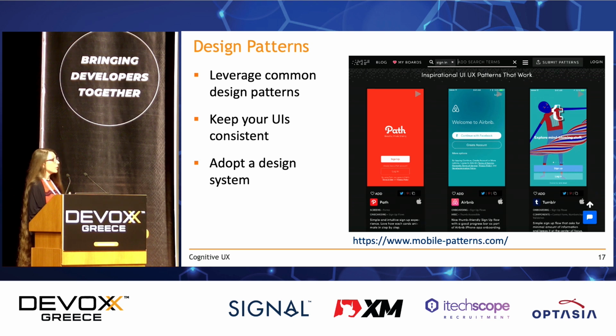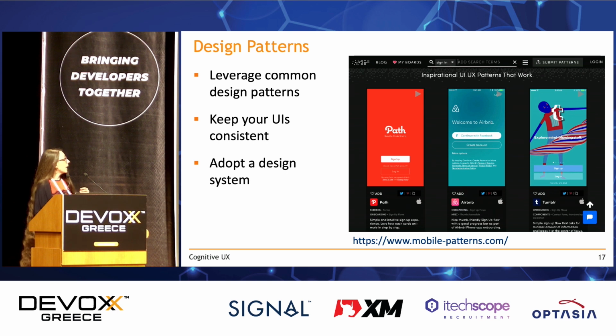And to further reduce it, it's also important to use design patterns that are familiar to users. So this means adopting commonly used design patterns that users already are comfortable with, that they are familiar with. As design patterns actually evolve over time, we need to keep learning and make sure to become keen observers of what's happening around us in the field of user experience and user interactions.